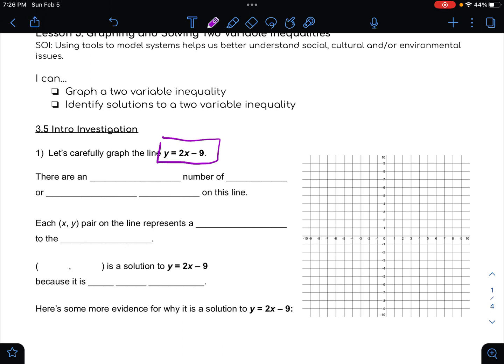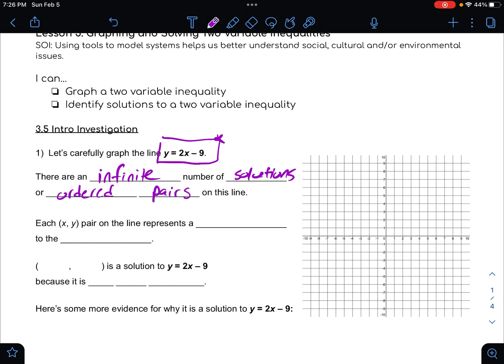And when we have an equation like this one, y equals 2x minus 9, remember that on the line, there really are an infinite number of solutions or ordered pairs on this line.